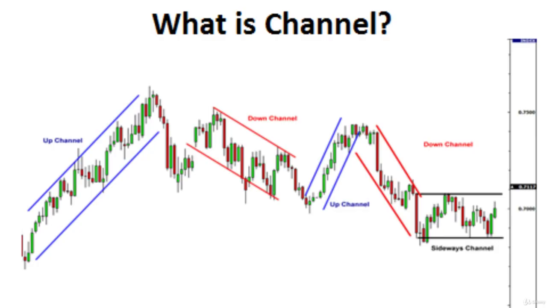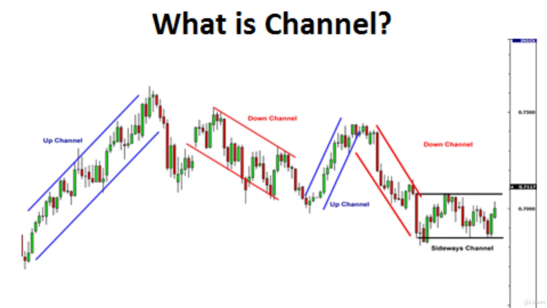We understand the channel in a simple form with the help of an example. As the sample chart on your screen shows, you easily see that with the help of lines we connect and create channels. In the first part of the chart, the two parallel blue lines which connect the bottoms and tops simultaneously create an uptrend or up channel.